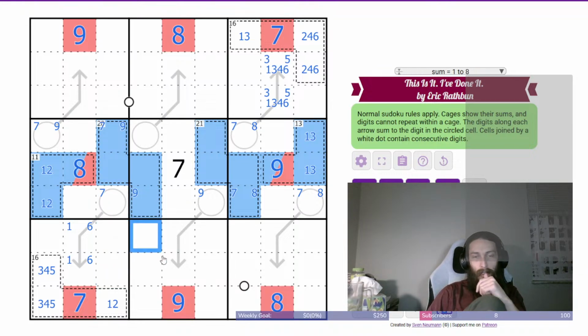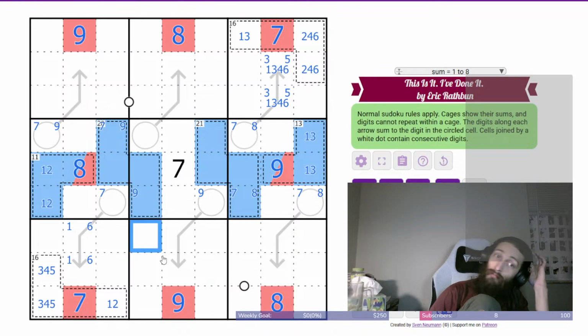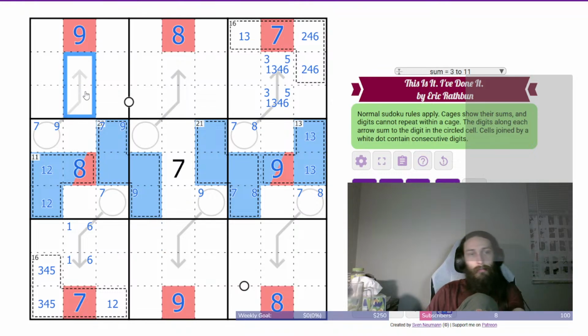Just double checking the 9 down here. Well, okay. 7, 8, 9. But 1 and 2 would be removed.